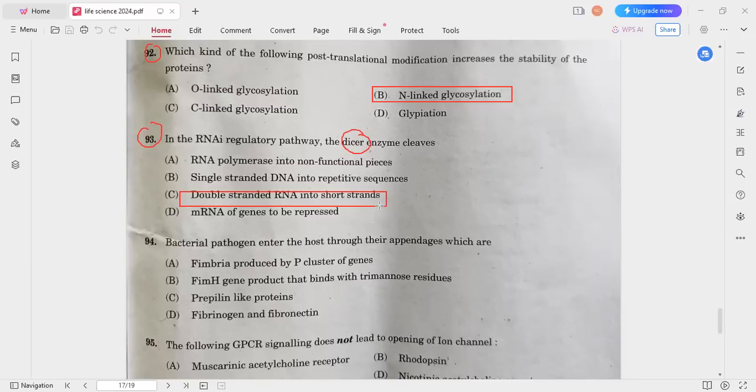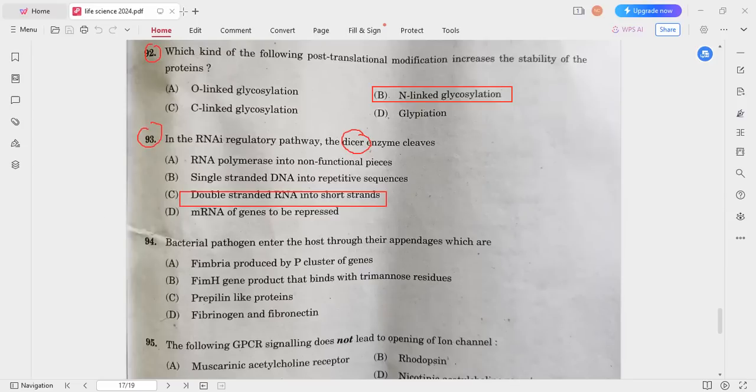This Dicer enzyme, present in RNAi, breaks down double stranded RNA into short strands. Option C is the correct answer. When it is cleaved into short strands, they are then guided into the RISC complex, that is the RNA-induced silencing complex.